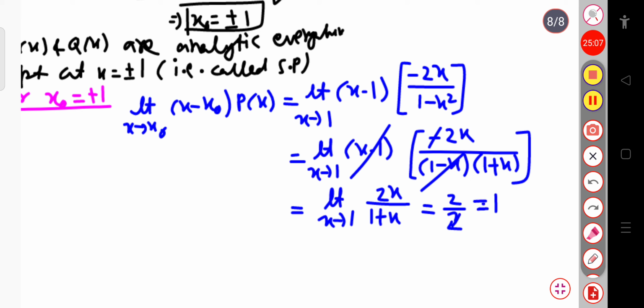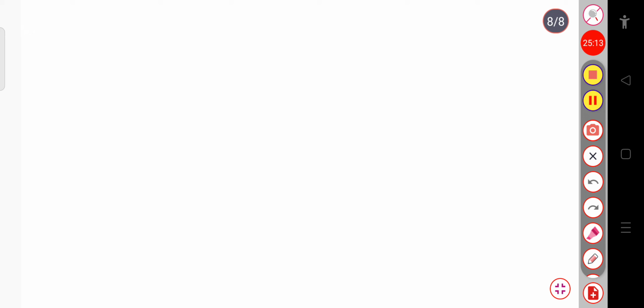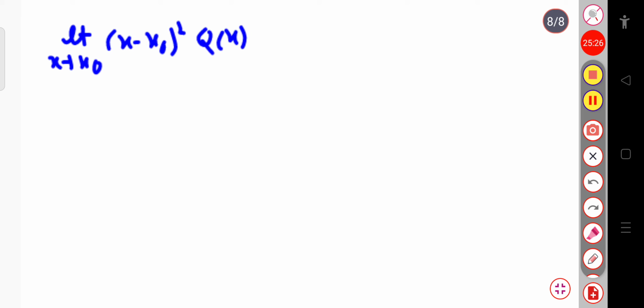And now similarly we have to check for the q of x. Now we can write for q of x, this is your limit x tends to x naught, x minus x naught whole square into q of x. I have already told you the formula. So that is equal to limit x tends to 1. Here we have considered x naught value equal to 1.